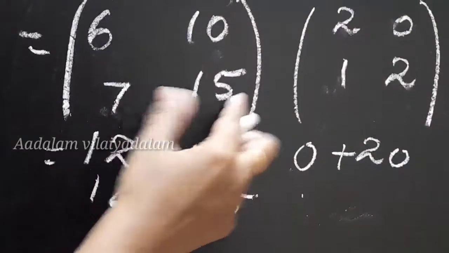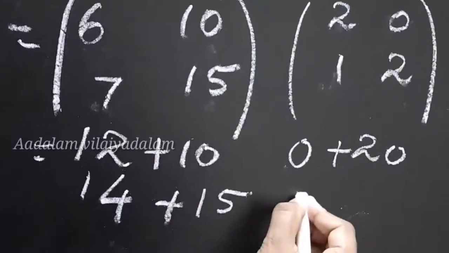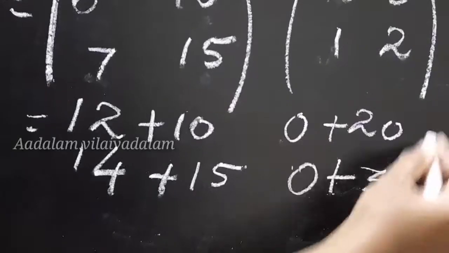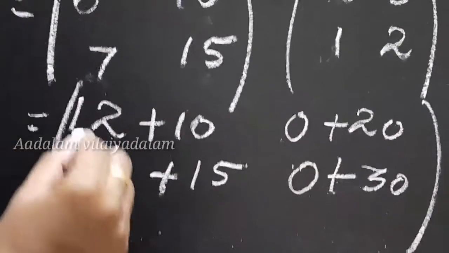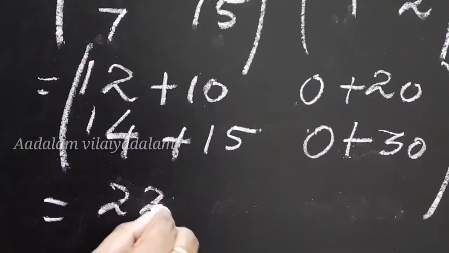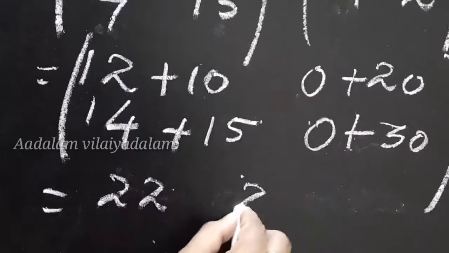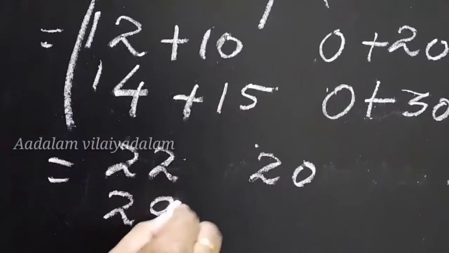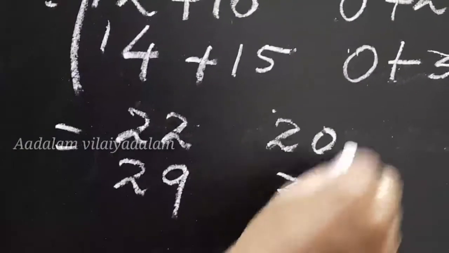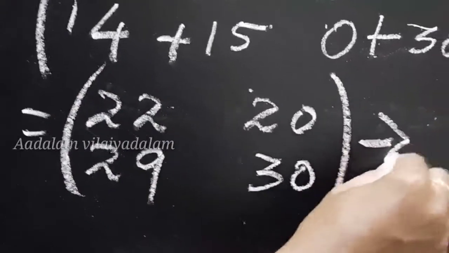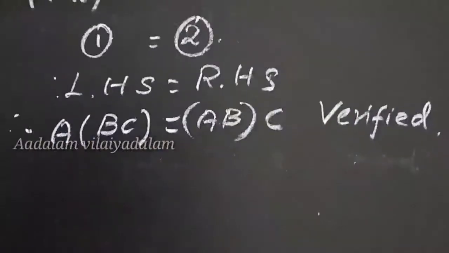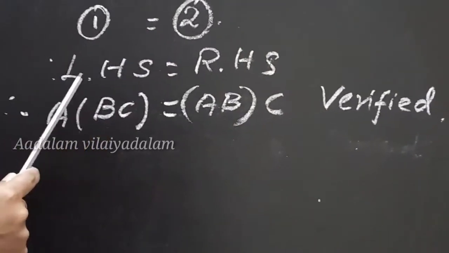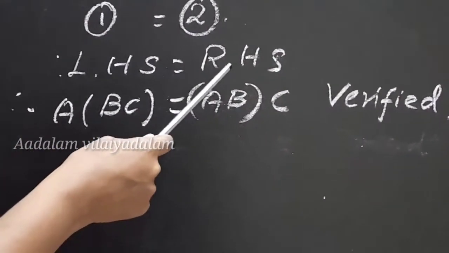The second row, the second column, 7 into 0, 0, 15 2s are 30. So 12 plus 10, 22, 0 plus 20, 20, 14 plus 15, 29, 30. So this is equation number 2. So equation number 1 equal to equation number 2. Therefore LHS value equal to RHS value.